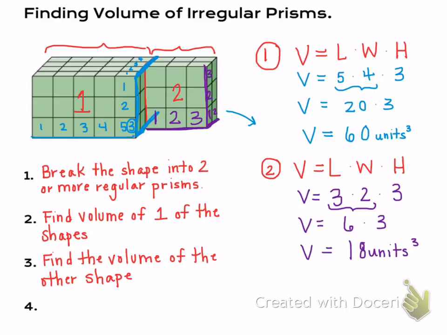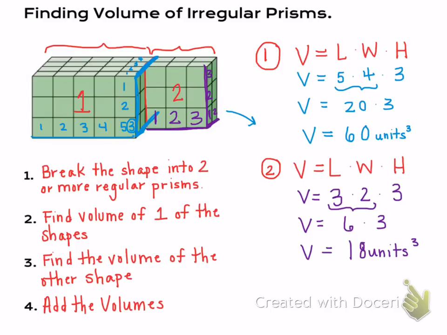So now I have the volume of shape 1 and the volume of shape 2. So what I need to do now, for the last step, is add the volumes. And that will give you the total volume.